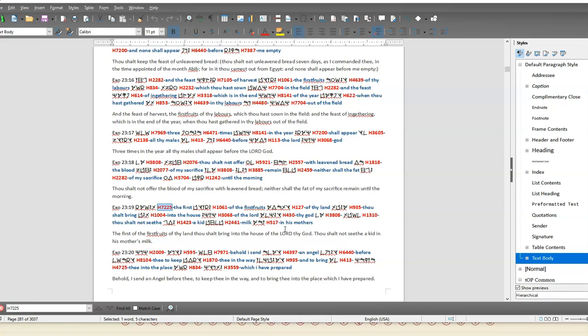Now, most often, Bakuri is going to indicate the first, as in first fruits or firstborn. Bakuri is even translated as first fruits here. So, to call something Reshit, the first of the first fruits, or the first of the first, is a little weird.